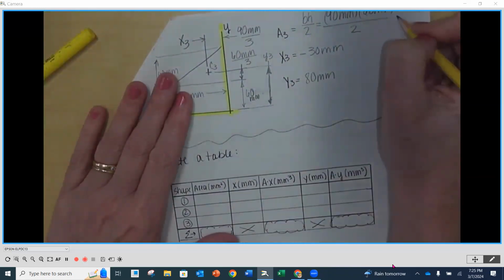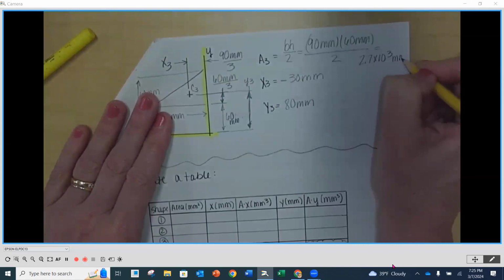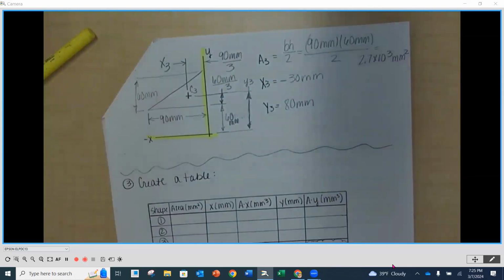So it looks like we get 2.7 times 10 to the third millimeters squared. And notice everything is coming from that reference axis. It has to. You can't switch that as you move along.